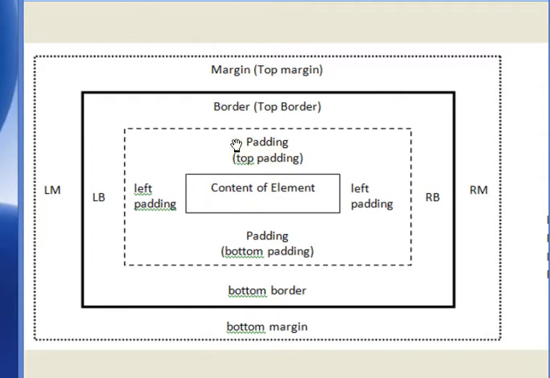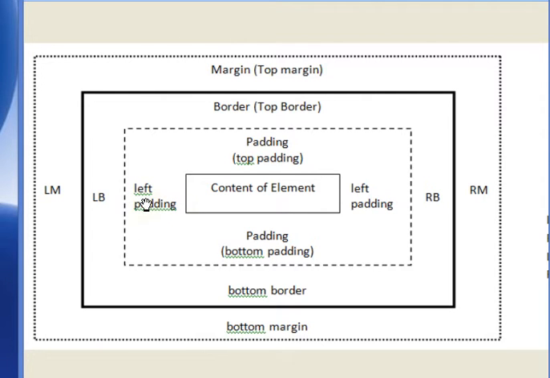For example, the padding: there will be the top padding, so this line is the top padding. There will be a left padding, so this area, from this dashed line to this edge. Oh, there is a mistake, this is not left, this is the right padding. Okay, so this is the right padding and this is the left padding.